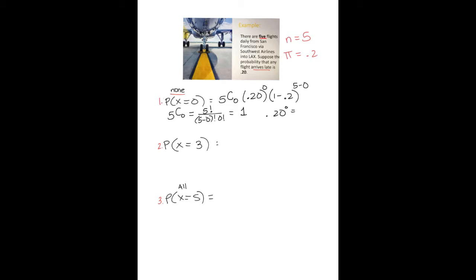Now, 0.2 to the 0 is also equal to 1. And finally, the only thing we really have to calculate in this example is that 1 minus 0.2 to the 5 minus 0 is equal to 0.8 to the 5th, which equals 0.3277. So the probability that none of the flights are late is 0.3277 or 32.77%. Now let's look to find the probability that 3 flights are late.